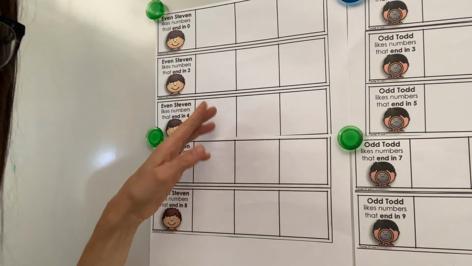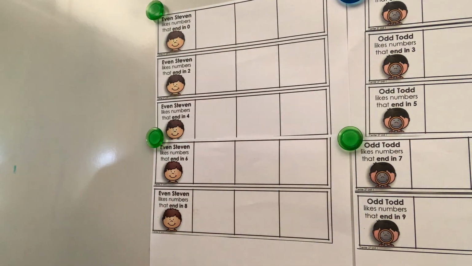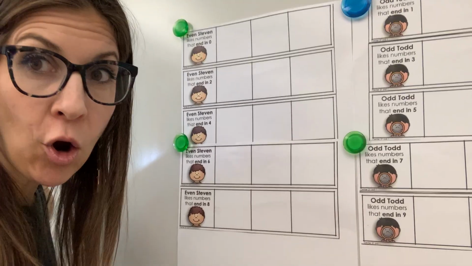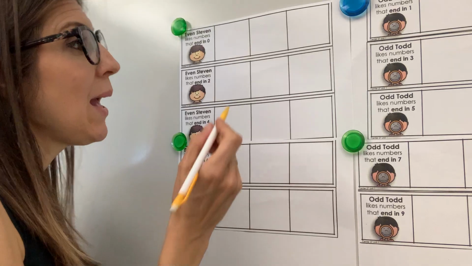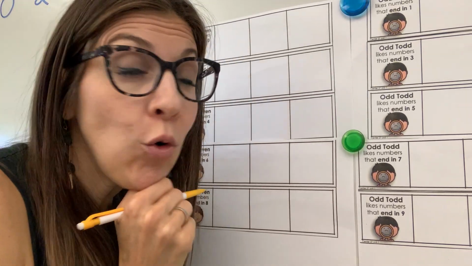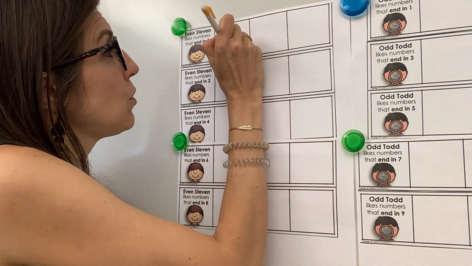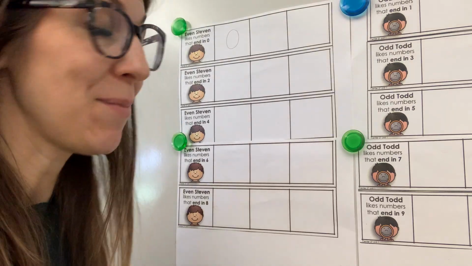You should have those papers, so you can get them out, and we are going to write it down. Take your pencil, or a marker if you feel comfortable with a marker, but don't make a mistake, okay? Even Steven only likes the numbers that end in 0. So we're going to put a 0 right here. You see the 0?